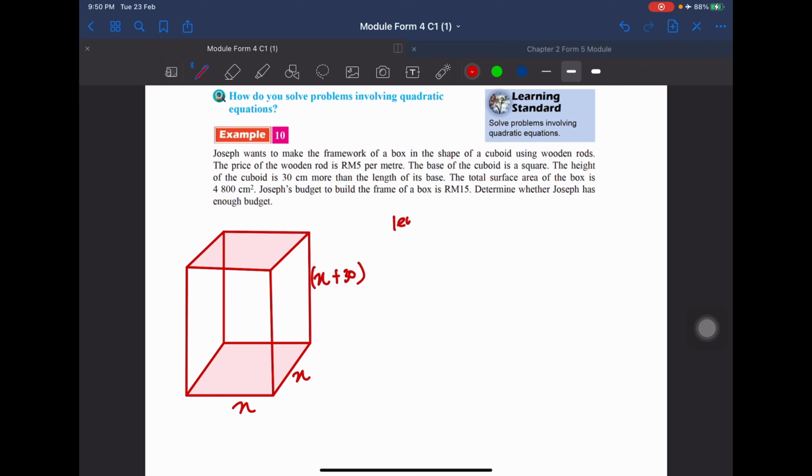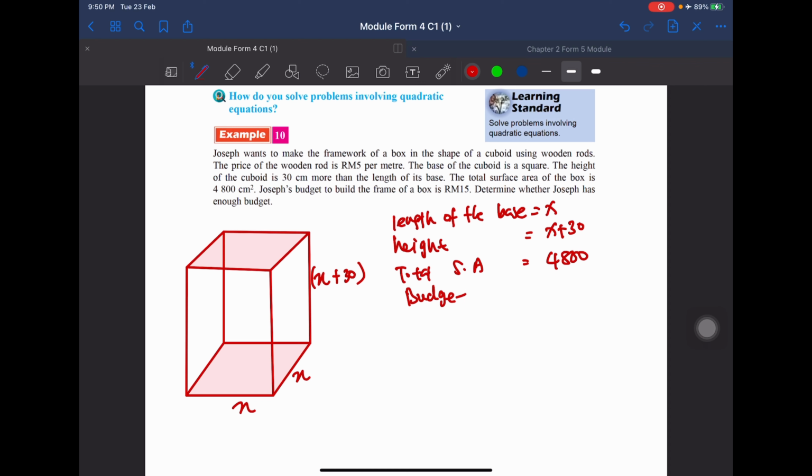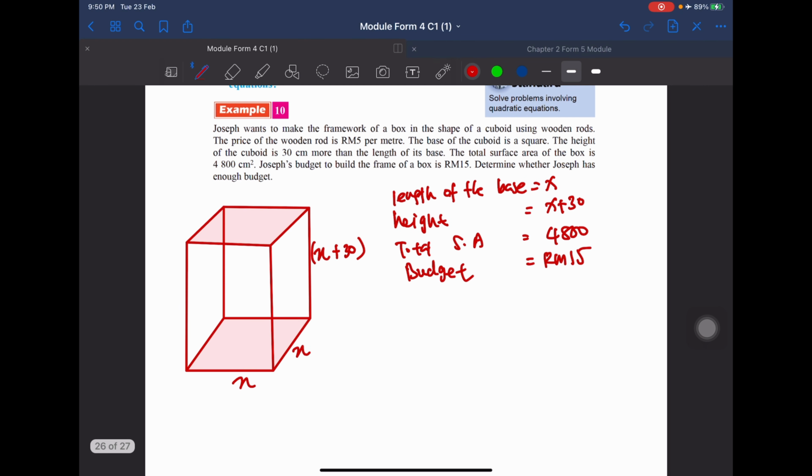So the length of the base is x, and the height is equal to x plus 30, and the total surface area we have 4,800 centimeter square, and dia ada budget of RM15. So dalam sini soalan dia ada bagi total surface area, right? Total surface area is 4,800.